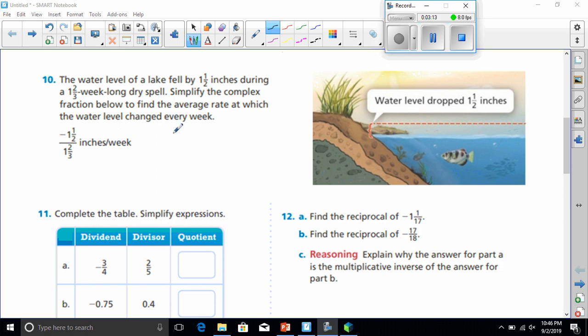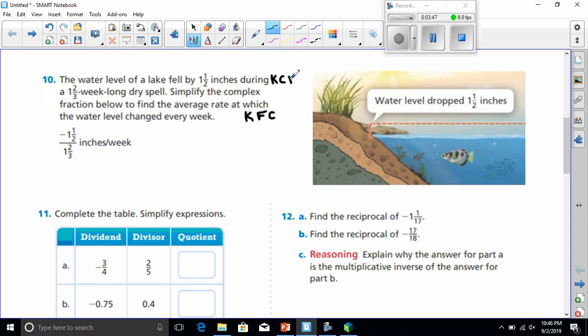So if we're going to find the average rate, we need to remember that every fraction is a division problem. Whenever we have a fraction in a fraction, we know we're using KFC. And that stands for keep, flip, and change. Some of you might have learned it as KCF.